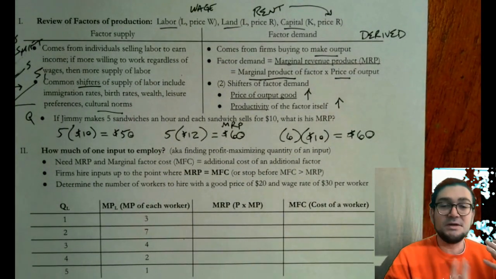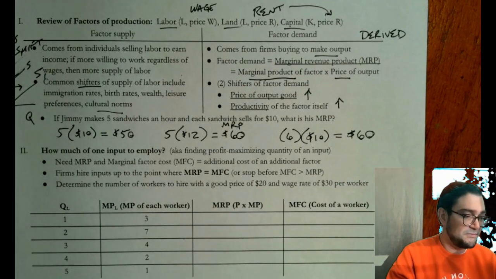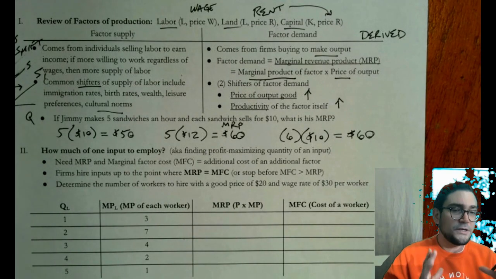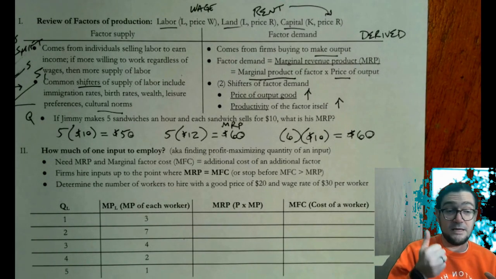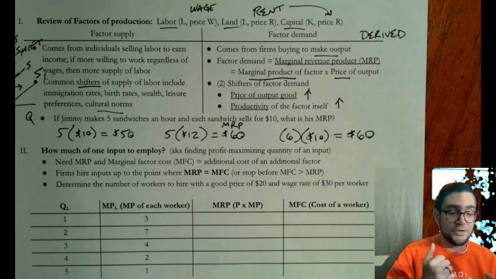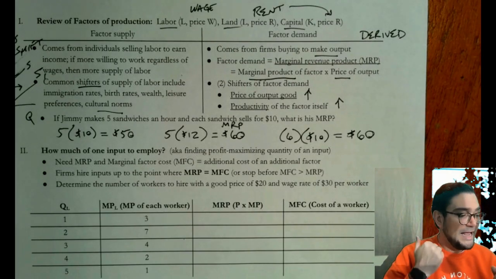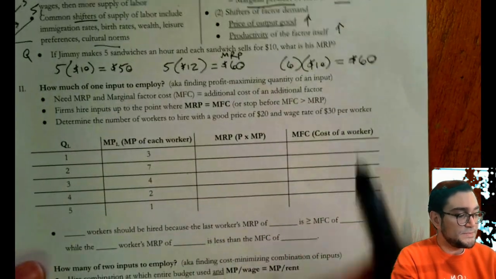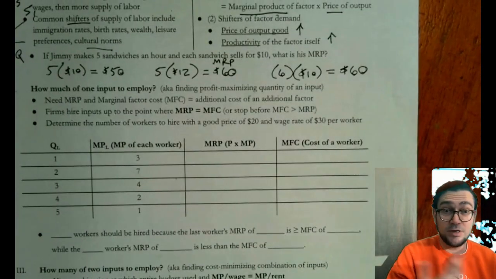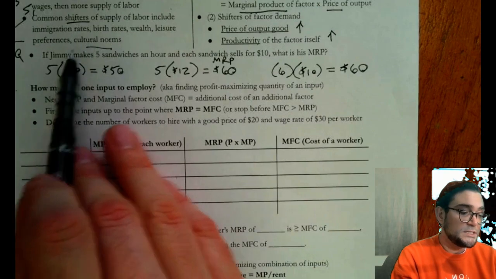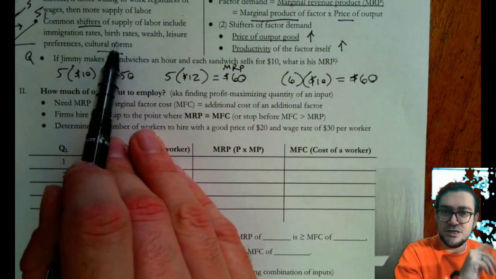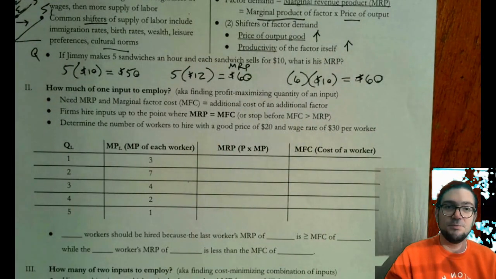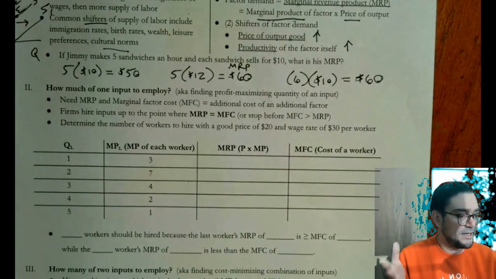So really fundamentally, the demand for workers or the demand for machines or land or anything, all of it's based on the productivity of that underlying factor, the worker, the productivity of the land, the productivity of the machine, and the price of the thing that they're producing. That's it. That's the only two things. So if those two change, then the demand can change, but otherwise it doesn't, right? And so supply of labor is relatively kind of squishy. Demand is super simple. It's the productivity of the factor and the price of the good.